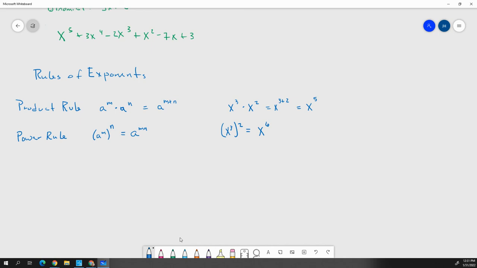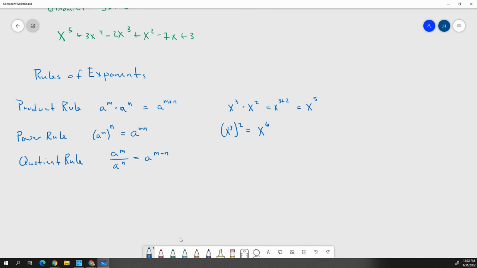So we've done product and we've done power. Now we're going to do what we call quotient. Quotient deals with division, right? Now, we say that if we have a to the m over a to the n, the rule would be that that can equal a to the m minus n, right?